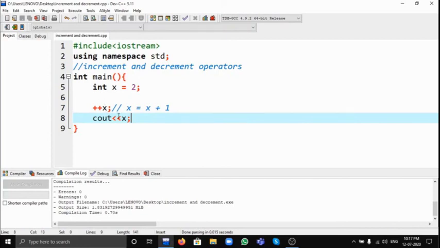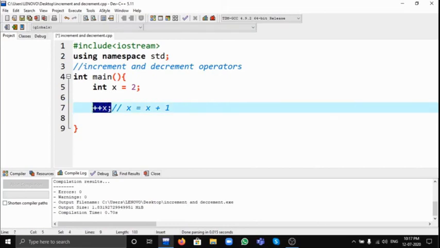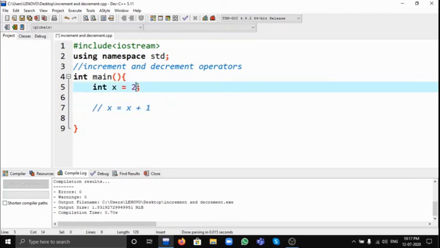In this case, even though the values are the same, they are actually quite different. This we'll only be able to understand if I introduce one more variable. Now let's say I have x equal to 2 and I have another variable y. I'm not going to give any value for y.